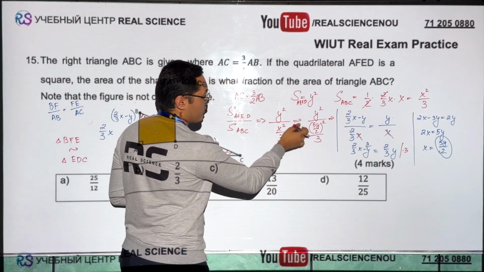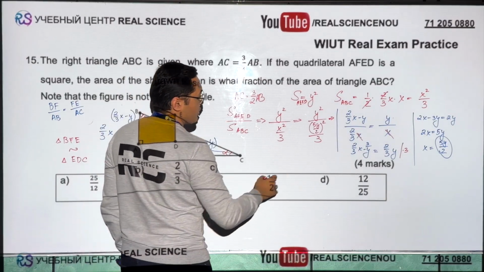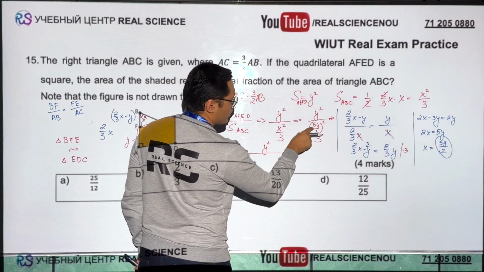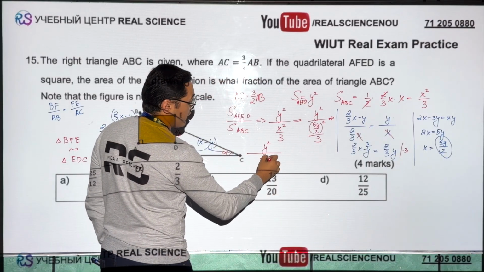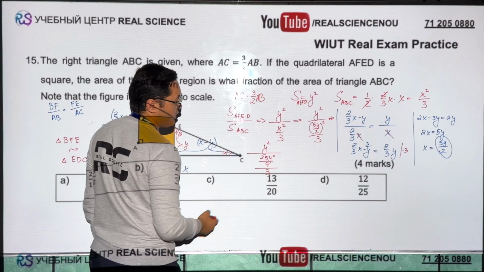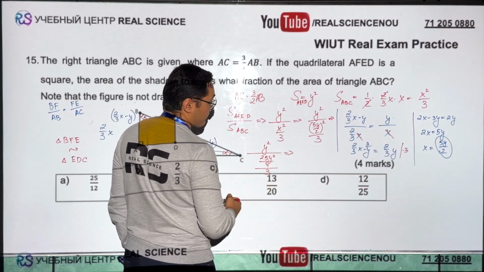Now we have to calculate this ugly thing. To write that, you just write it as y squared divided by, squared it, 25y squared divided by 4, and divided by 3. One more time.